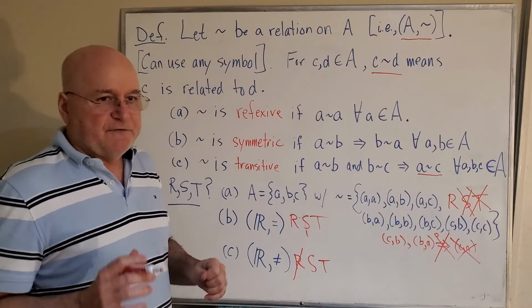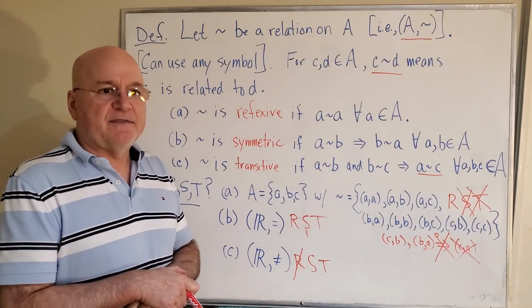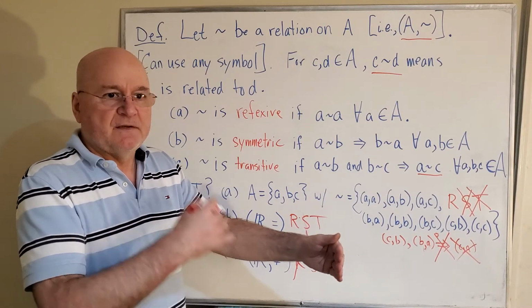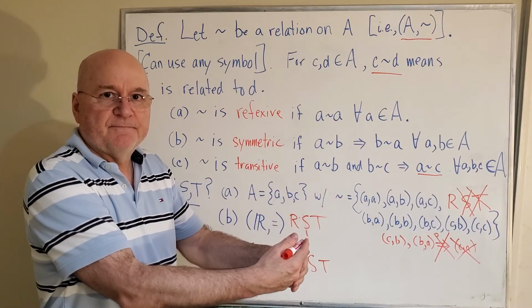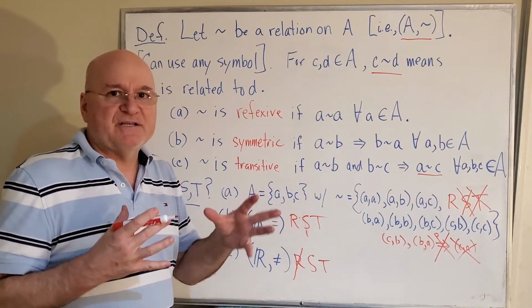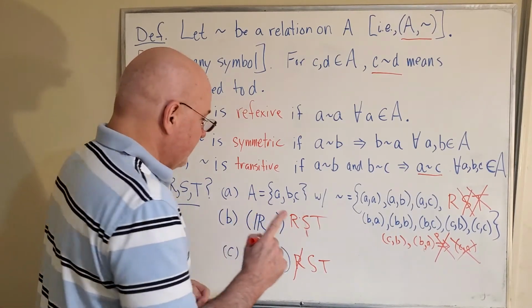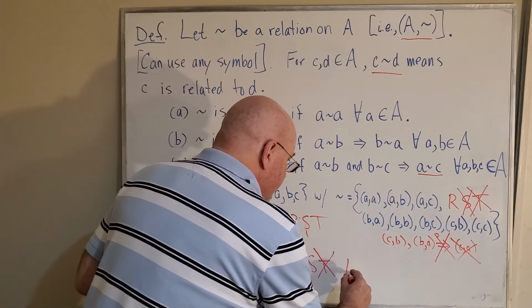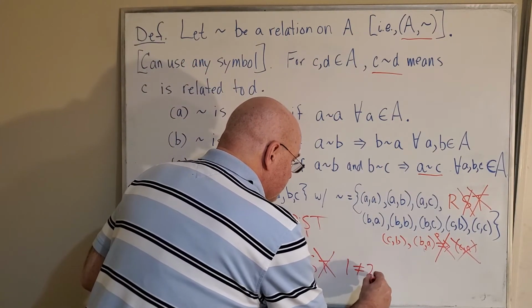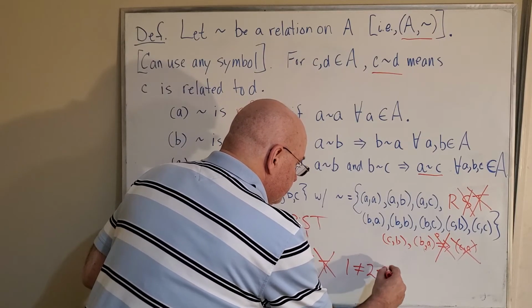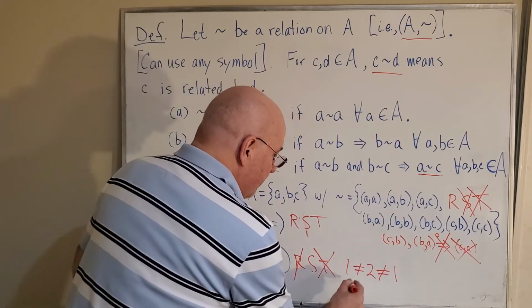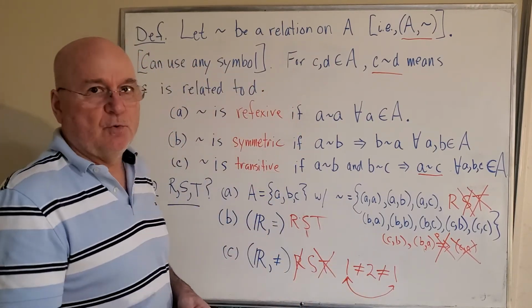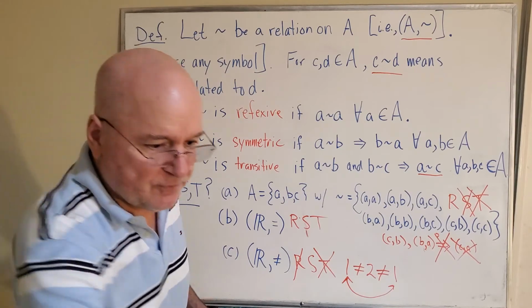Well, if you were to do an example like this, 1 is not equal to 2 is not equal to 3. Does that mean 1 is not equal to 3? Well, by chance it does. It is not transitive. And an example would be 1 is not equal to 2, 2 is not equal to 1, but 1 is equal to 1.